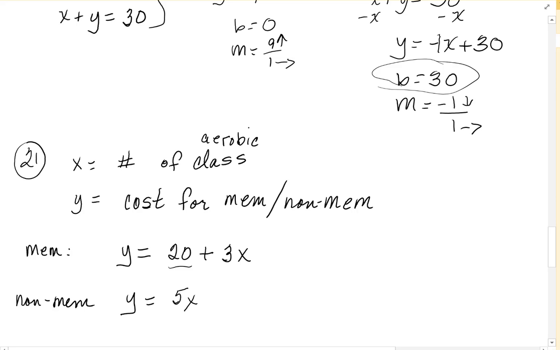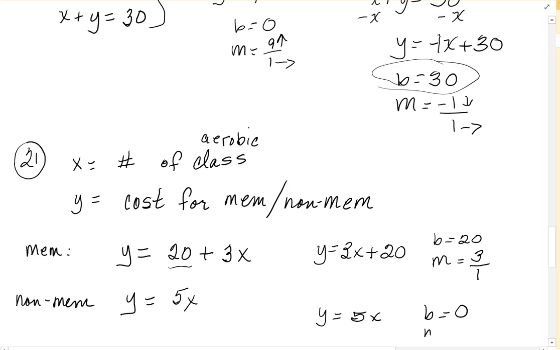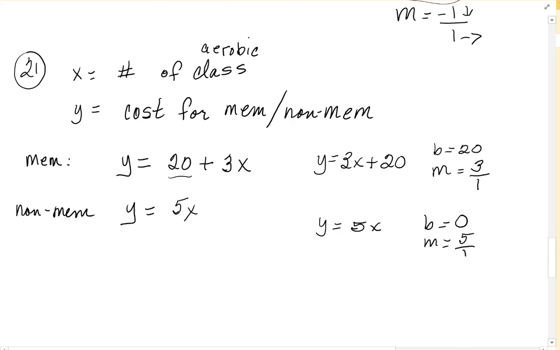So these are your two. I would rewrite this one as Y equals 3x plus 20. So we have B is 20, and M is 3 over 1. Y equals 5x, the B is 0, and the M is 5, or 5 over 1.